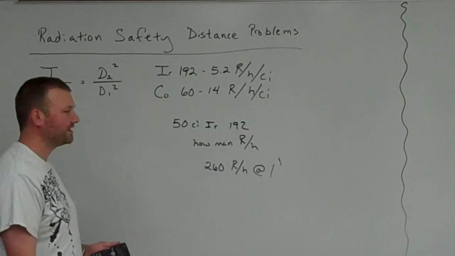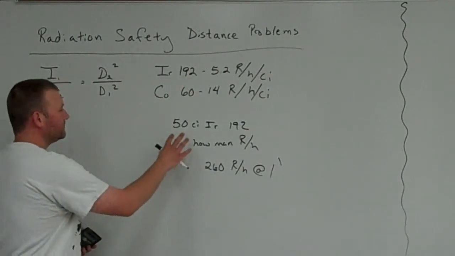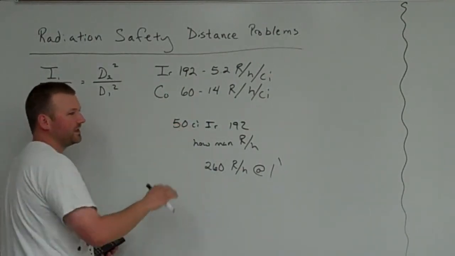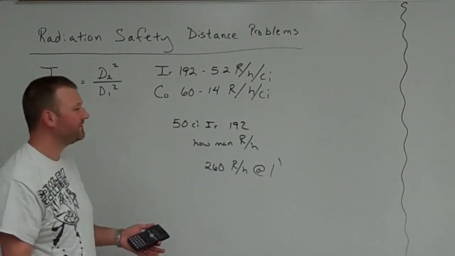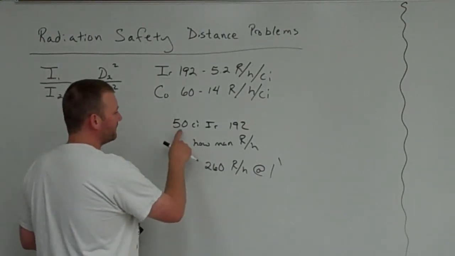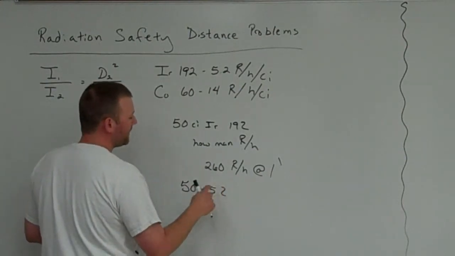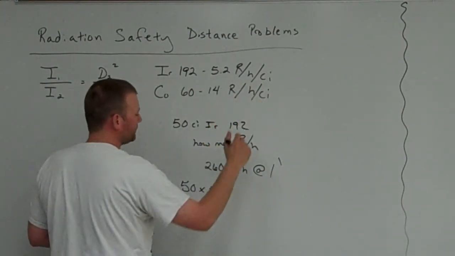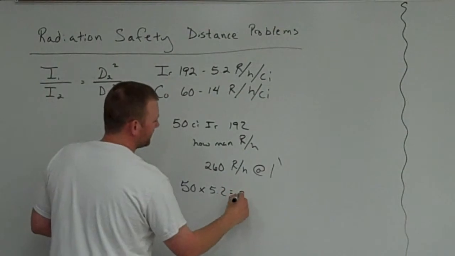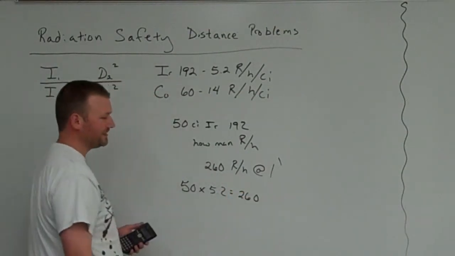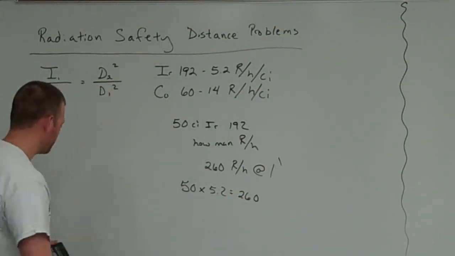That's what that stands for. So, if you were given a value of 50 Curies and it said how many rim at 20 feet, you could convert from 50 Curies, multiply that by our known value, 5.2 Rankins per hour per Curie. That's going to give us a value of 260 Rankins per hour at 1 foot.